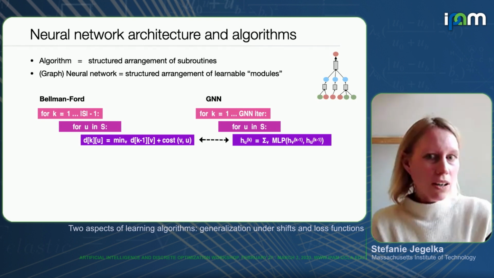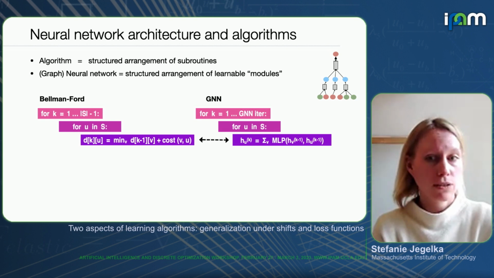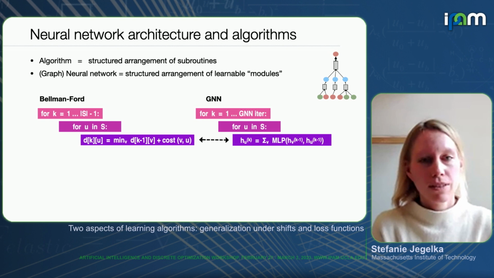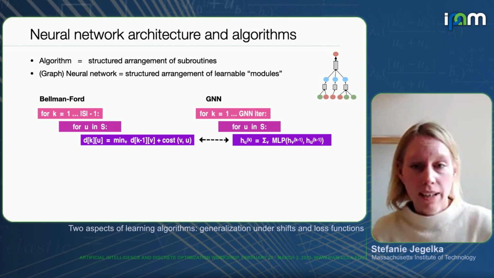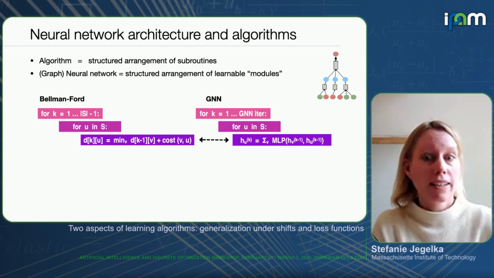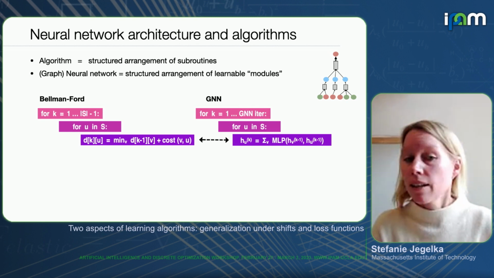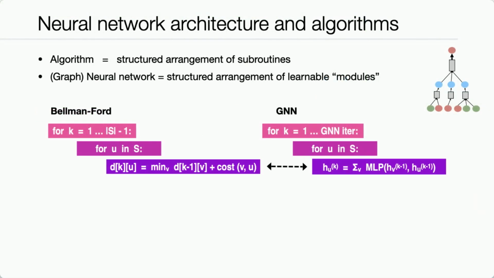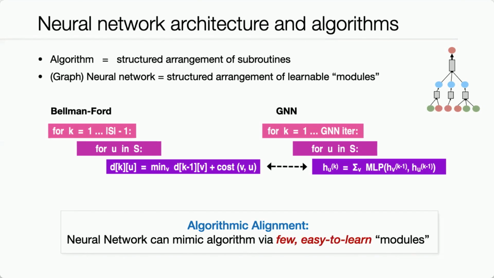Because the computational structure matches so closely, that's one of the reasons why you can learn such an algorithm very well with the GNN. Essentially, the GNN can mimic that algorithm just by learning that last line. And that last line is not such a complicated function. It's a min over the neighbors.